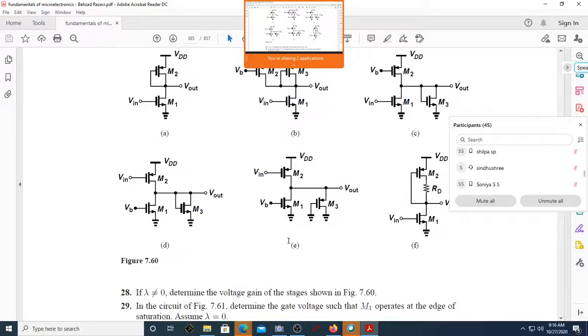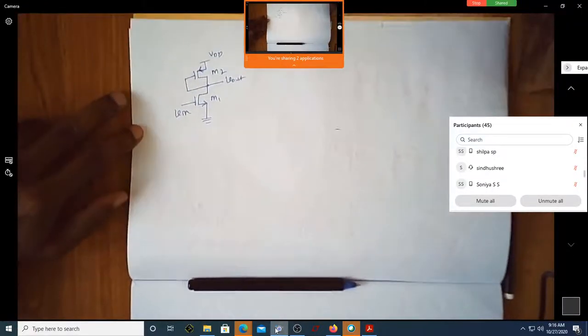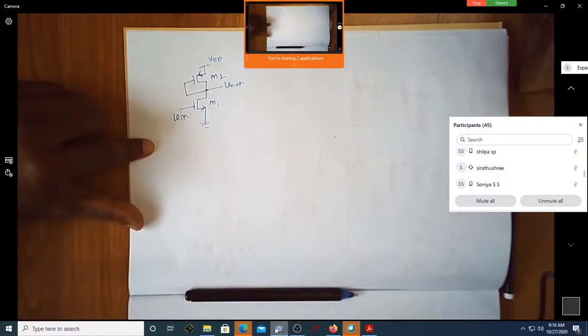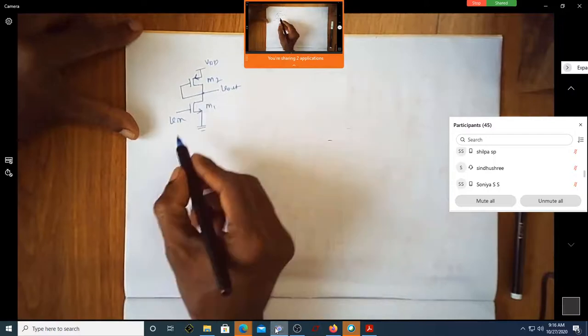Please write M1, M2 and all those things clearly. M1, M2, fine, VDD. This is the first circuit, correct?